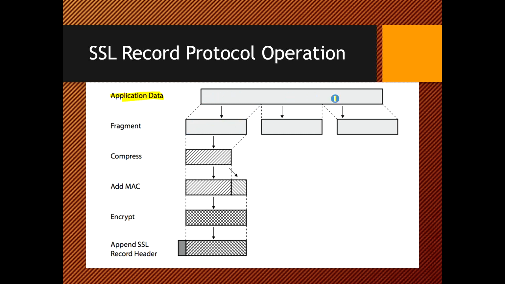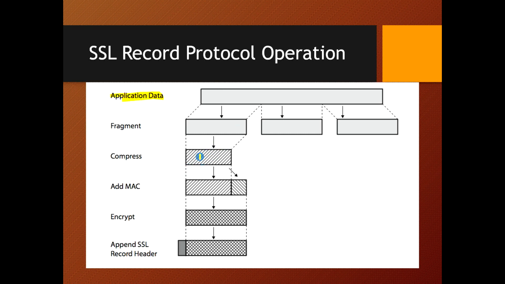You can see this huge message has been fragmented into different blocks. Once it fragments, each block will be compressed. Each fragment has been compressed, and this has been shown by a slant line.